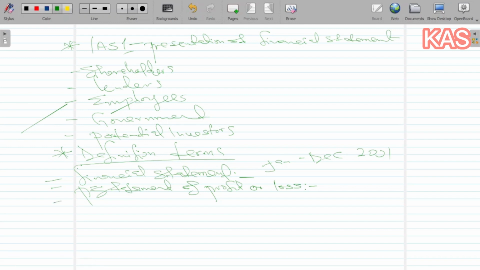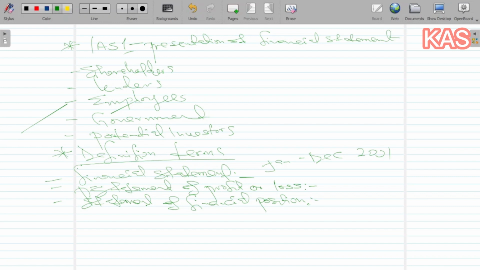Then we are going to look at the statement of financial position. This statement of financial position is a statement that shows the financial wealth of a business entity as at a particular date.